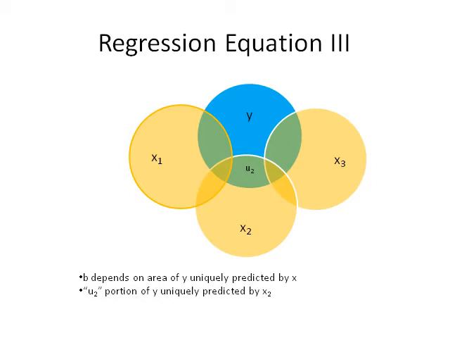If x2 had been the only predictor of y in bivariate regression, the regression coefficient b would consider the entire overlap of the predictor with the criterion. Thus, the partial regression coefficient for any predictor in multiple regression will be equal to or smaller than the b for that predictor in a bivariate regression with the criterion. Let's continue with this example on the next slide.